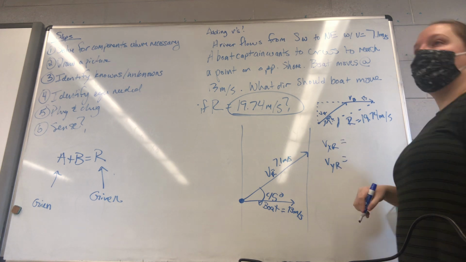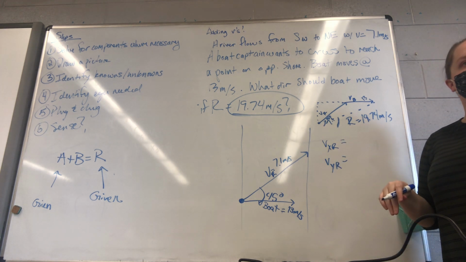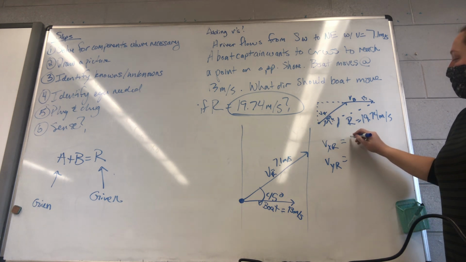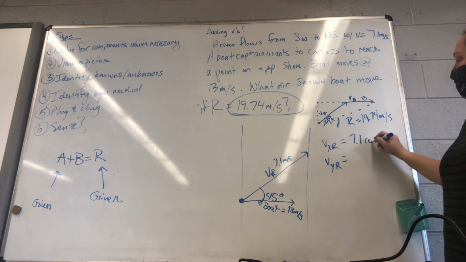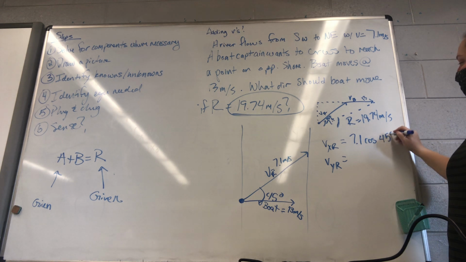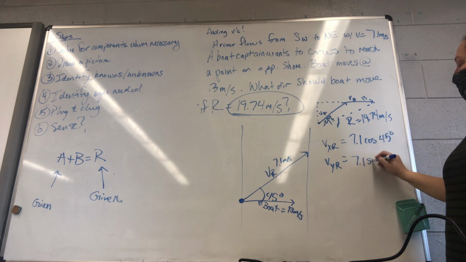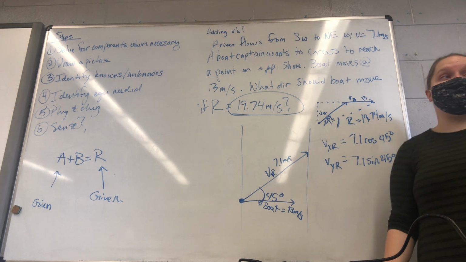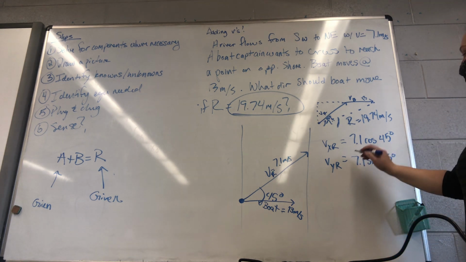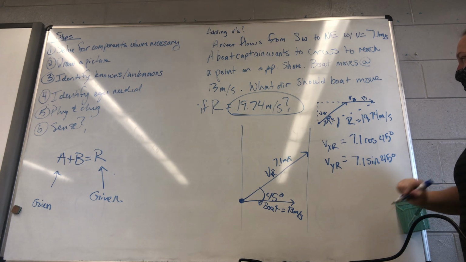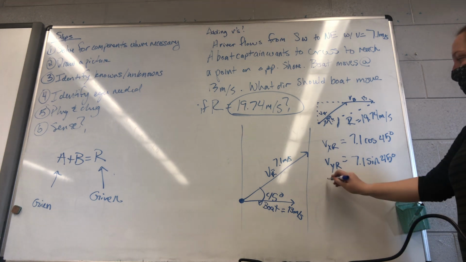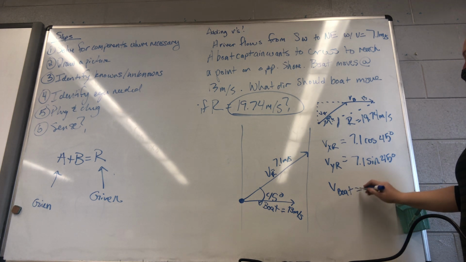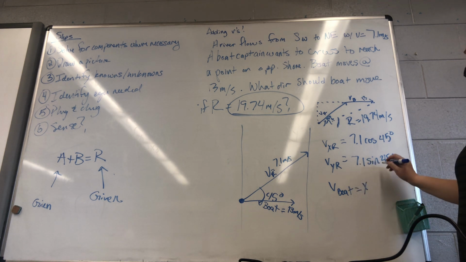Since cosine and sine of 45 degrees are identical, it's going to be 7.1 cosine of 45 degrees and 7.1 sine of 45 degrees. If you mess them up, it doesn't matter because it's the same. So what are my values going to be then? 5.02?